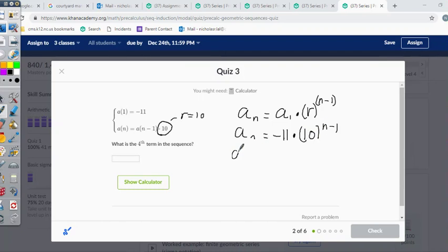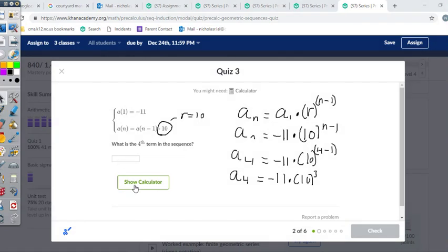So a4 is going to be equal to negative 11 times 10 to the 4 minus 1 power. Negative 11 times 10 to the third power.